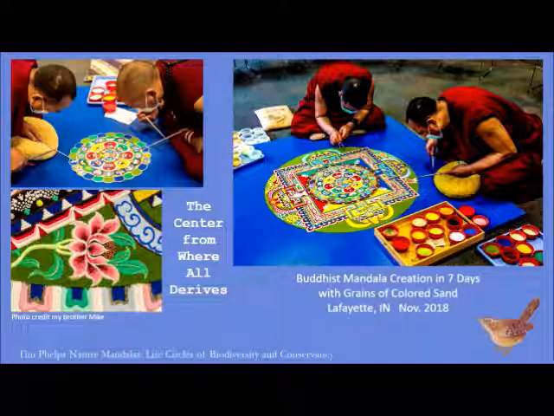They start from the center, and they deliver colored sand out of small pipettes, and let it flow out into the prescribed design. They also indent what they're creating, and you can see a beautiful close-up in the lower left of a lotus flower. That's the great detail that takes place over 7 days.